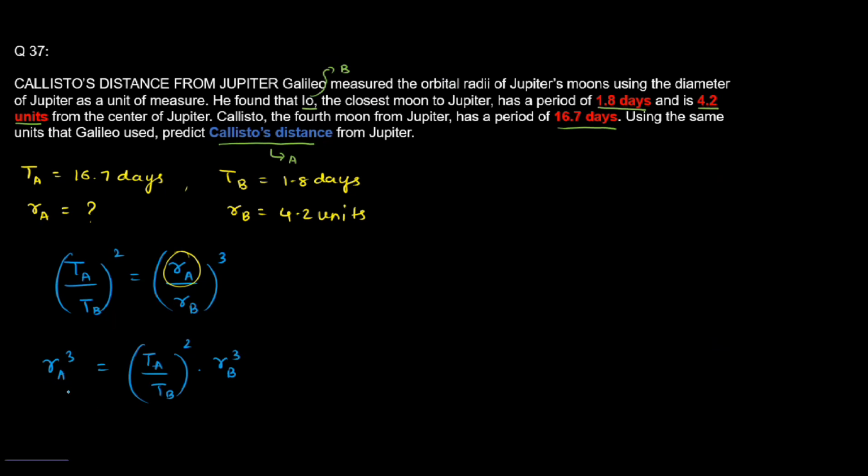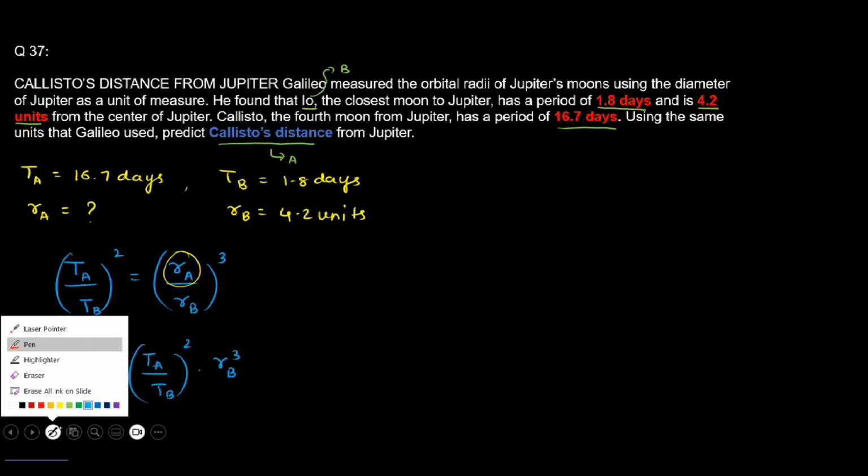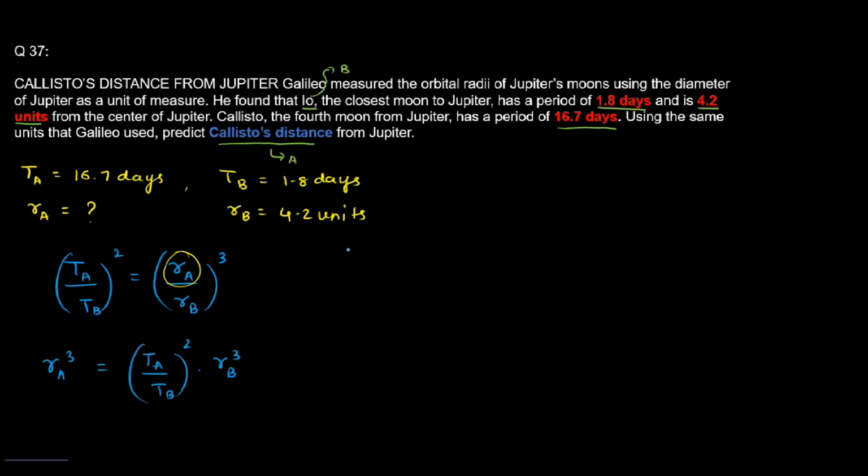I want to calculate RA, not RA cube. So to find RA, we need to take cube root on both sides. Hence, I will get RA to be equal to the cube root of the whole term, TA over TB squared into RB cube.